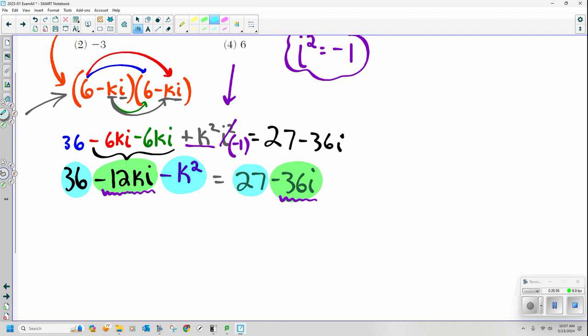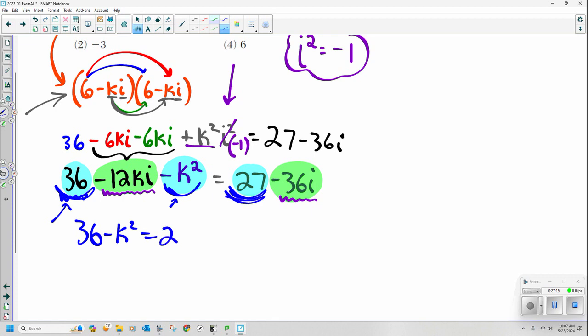So what does that tell me? That tells me that my numbers that do not have an i, when I combine them, should be 27. So I can do this one of two ways. I could take 36 minus k squared and set it equal to 27 and solve for k that way.